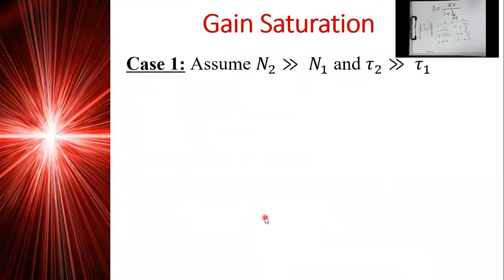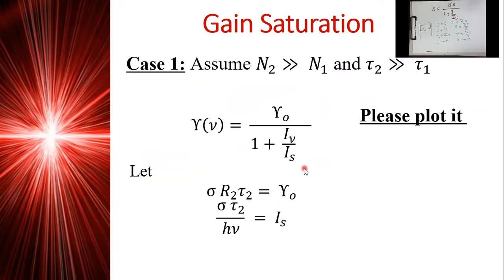However, realistically, the equation will look like that, which means that per each cycle, your gain coefficient is attenuated with respect to the intensity. The higher the intensity, the lower the gain coefficient.